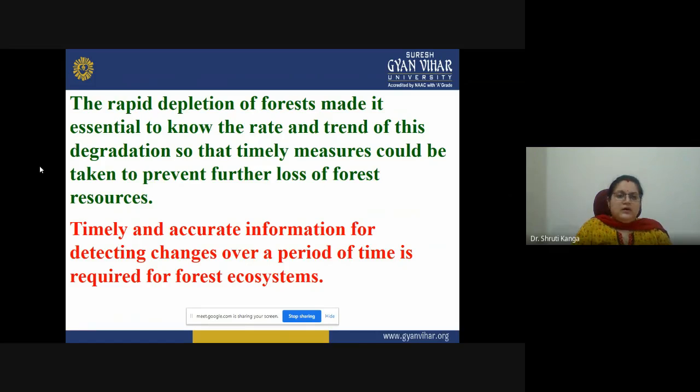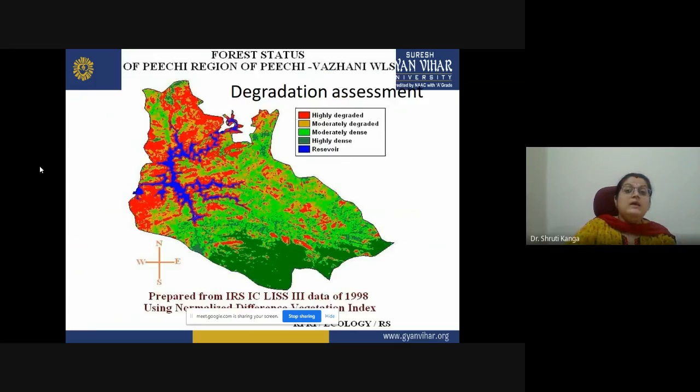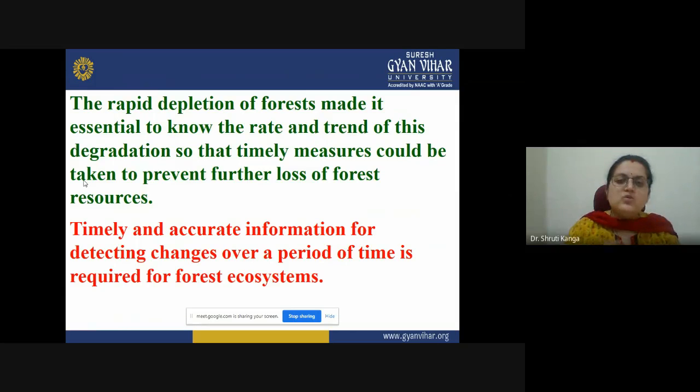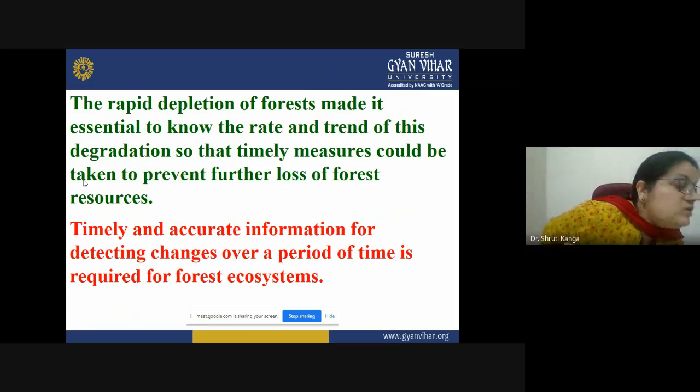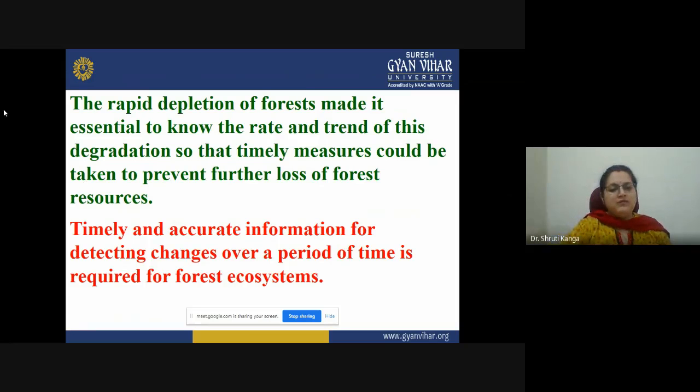These techniques are helpful in identifying rapid depletion of forest, and if we know which areas have high, moderately high, and no loss, it is easy to go for different kinds of preventive measures for the forest departments and the people working for the sustainable management of these forests.